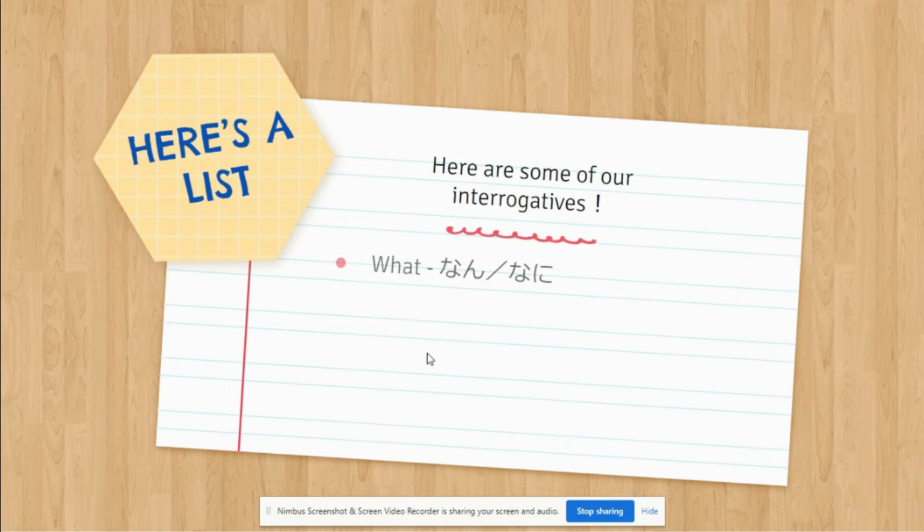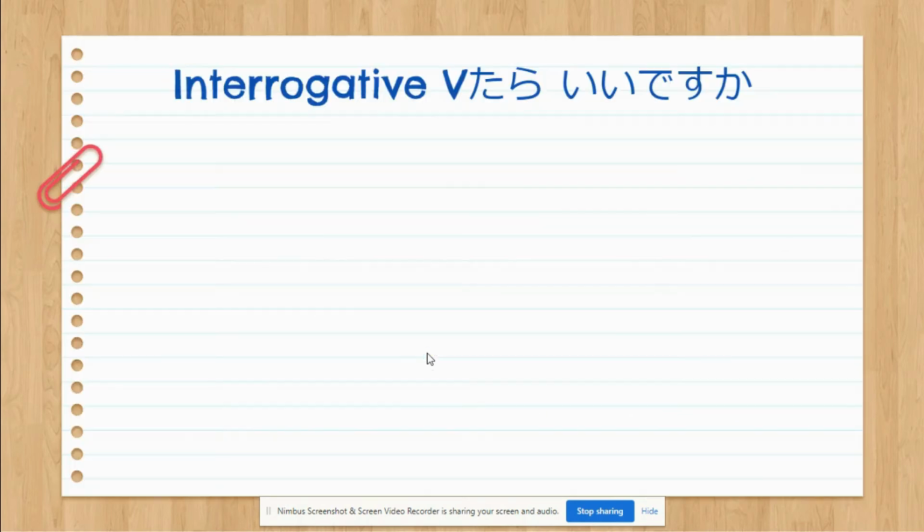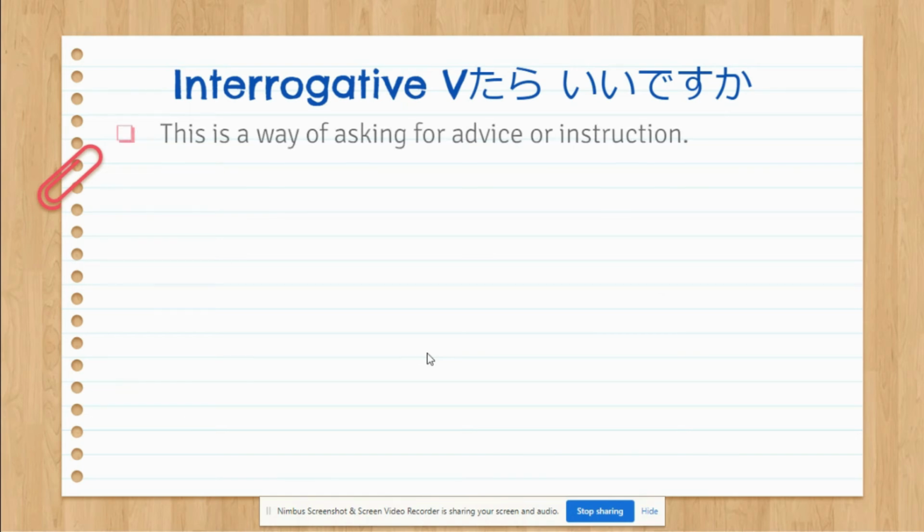We have what, nan or nani, when, itsu, where, doko, which, dore, dono noun, who, dare, how, doyatte. Interrogative verb tara ii desu ka? This is a way of asking for advice or instruction. So when you use this one, you are simply asking for advice.